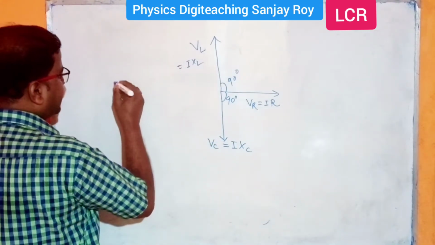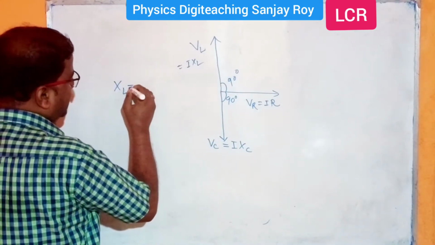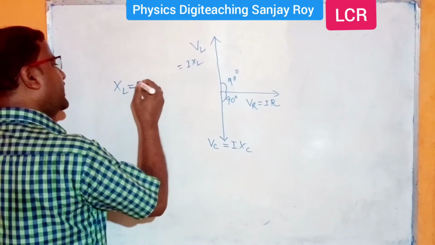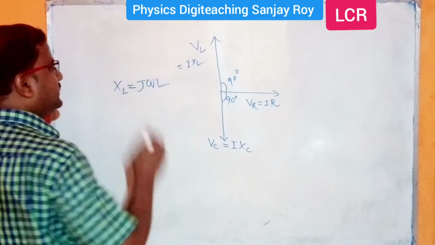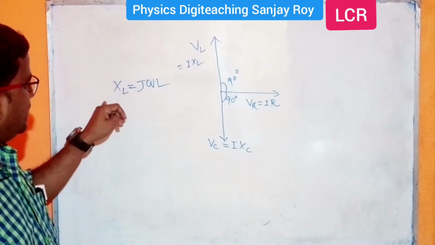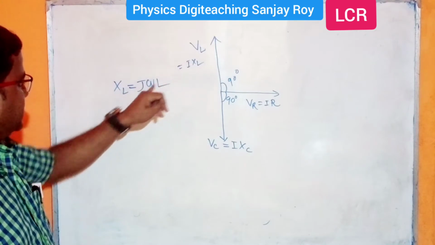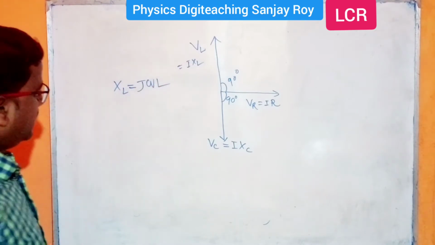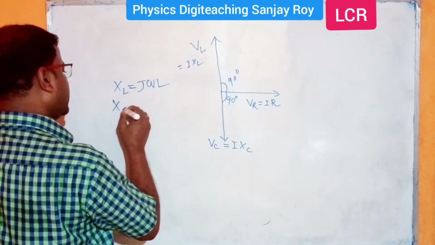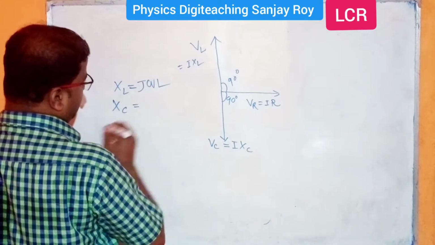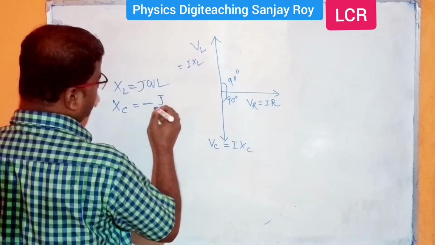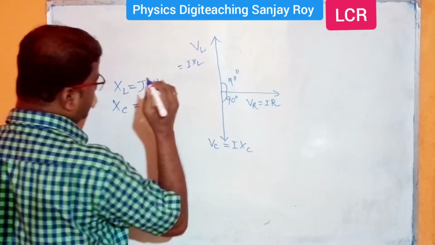Therefore, XL can be written in complex number as j omega L. We have learned that reactance offered by inductor is omega L, and XC can be written as minus j divided by omega C.